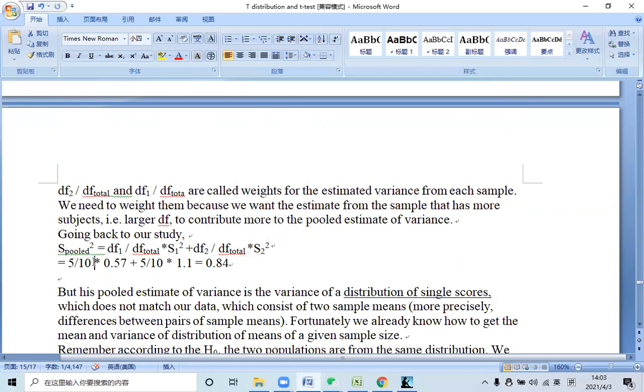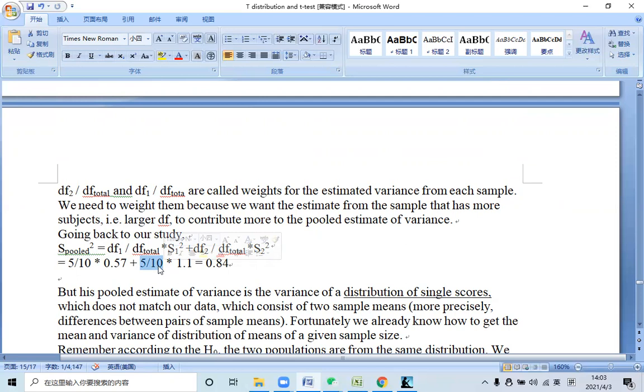And the weight for the pooled variance in each term is the proportion of degree of freedom. For sample 1, it's 5/10. For sample 2, it's also 5/10. This is because the two groups have equal numbers. Both groups have 6 people. There could be unequal n situations.